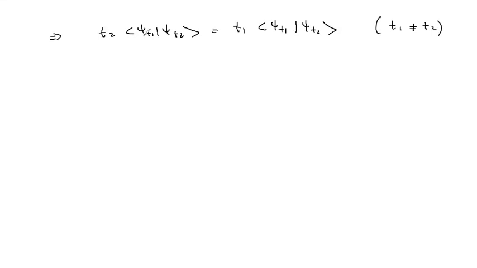Can I cancel this? Because this is going to be, in my notation, psi T1 conjugated psi T2 and integration. And the same here. Can I just cancel this? What happens if I cancel?